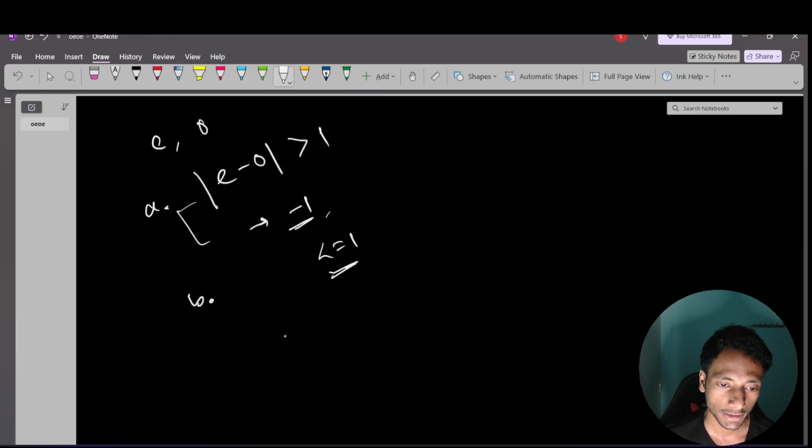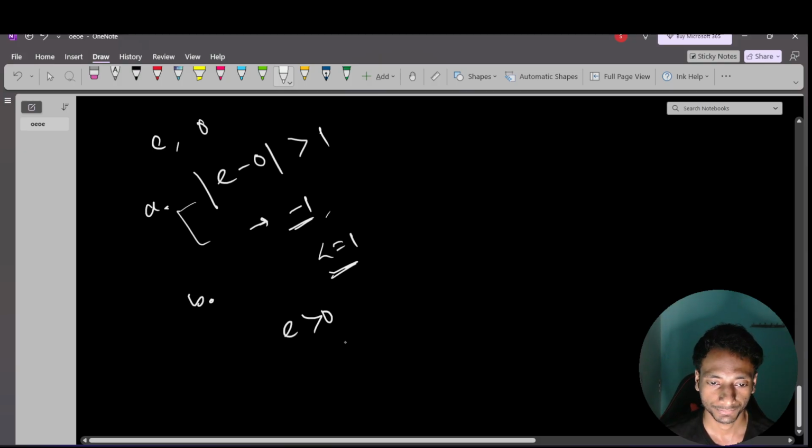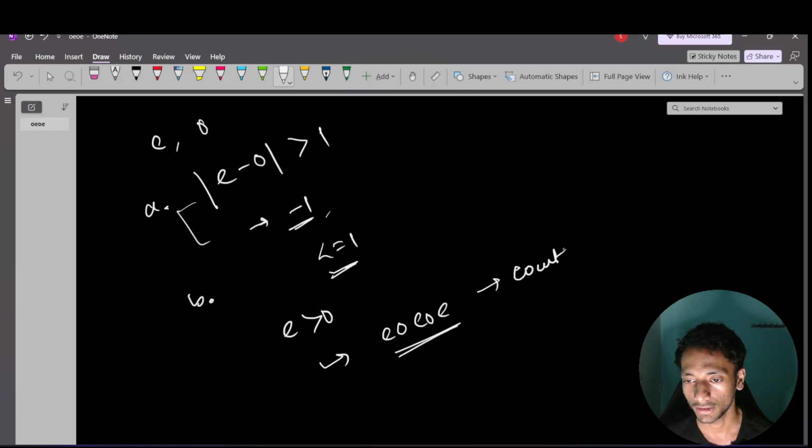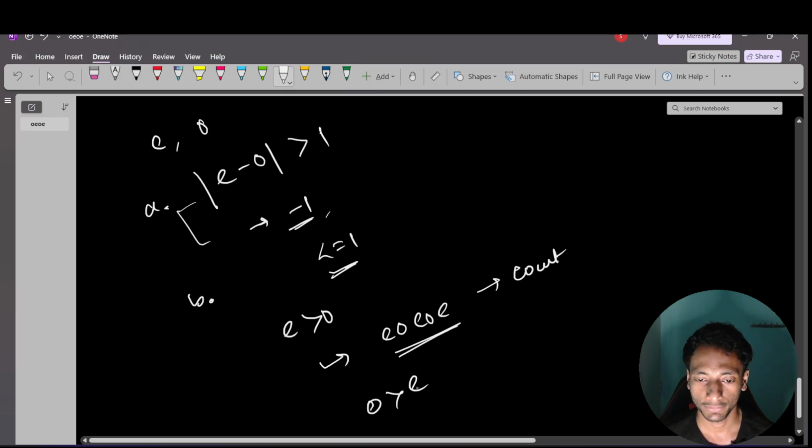Now if even is greater than odd, what do I have to do? I have to count how many swaps are required if it starts with even, because only one pattern is possible if the even count is greater than the odd count. Similarly, if odd is greater than even, I will check how many swaps are required for the pattern odd, even.